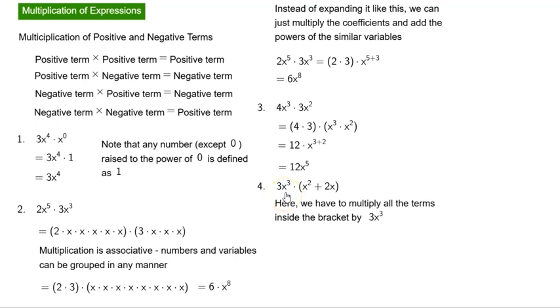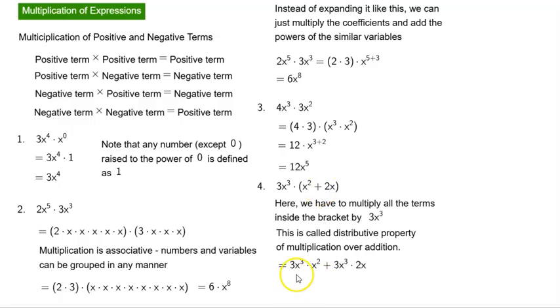How we say it is 3x cubed is distributed over x squared and 2x, or distributed over all the terms inside the bracket. This is called distributive property of multiplication over addition. So we have 3x cubed times x squared plus 3x cubed times 2x.